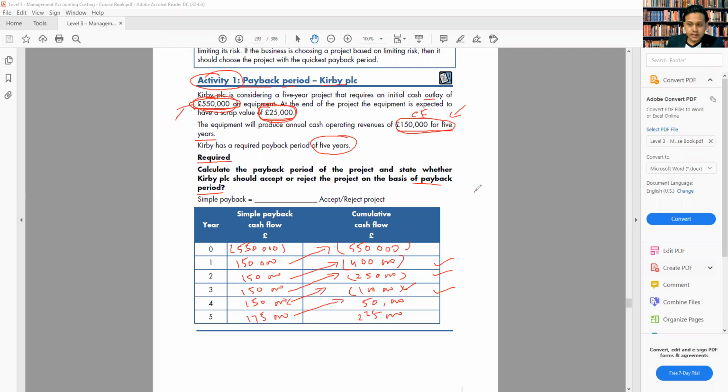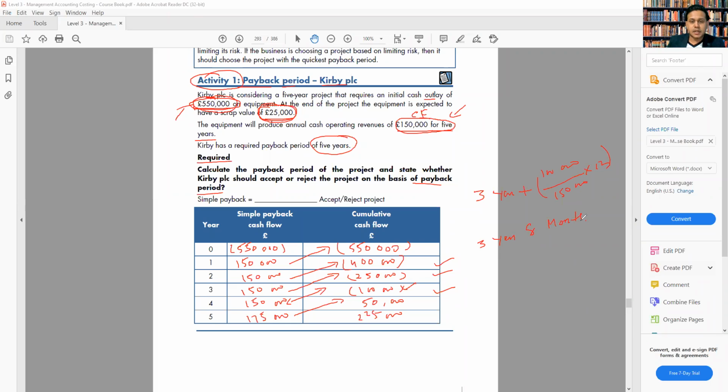So I need 3 years plus 100,000 over 150, and I multiply by 12 to get the months, since the whole year has 12 months. So how many months? 8 months. So the return will take 3 years, 8 months.